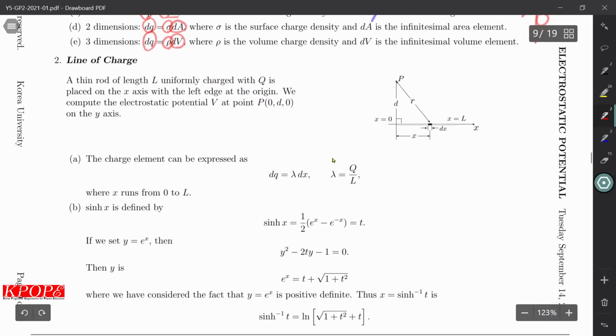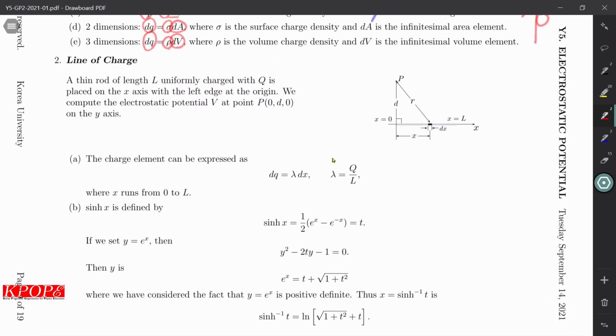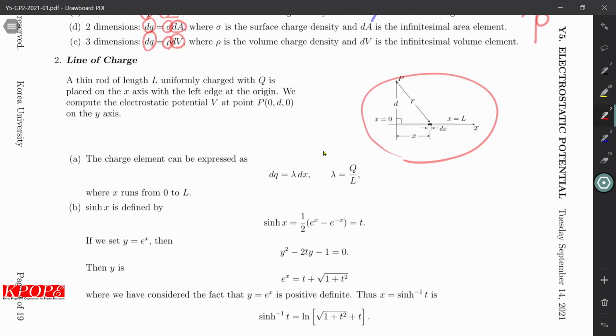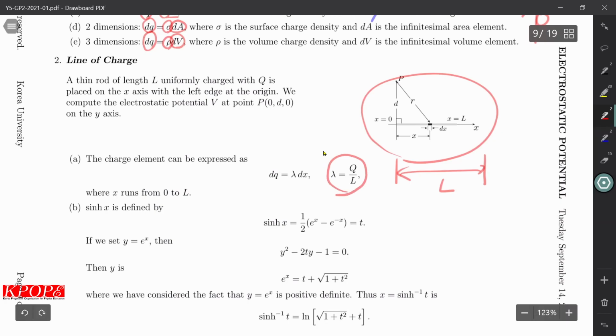Okay, let us compute the electrostatic potential due to a line charge. There's a uniform charge distribution along the x-axis. We have this length L, this length L, and charge capital Q. So the charge density is charge Q divided by length L. This is the line charge density.